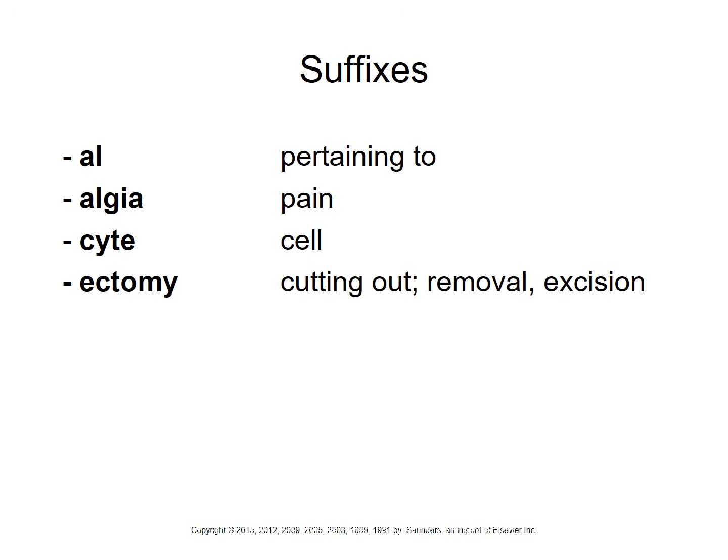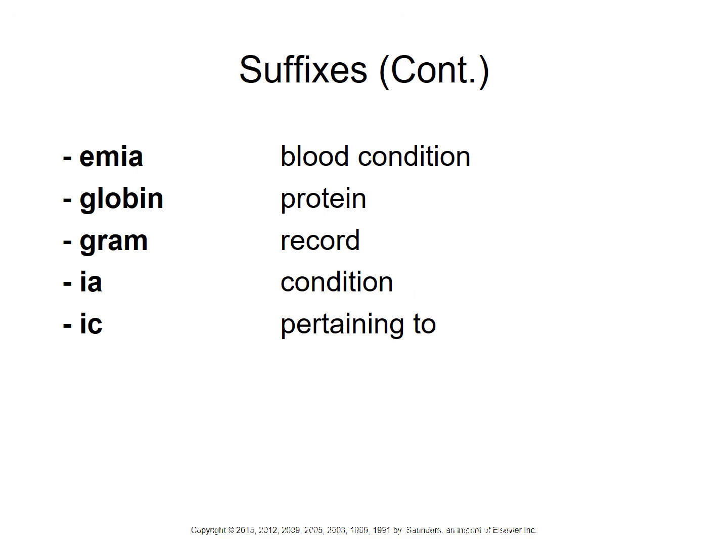Append means your appendix. So appendectomy means a removal of your appendix. Emia. Emia is a condition. Globin, protein. Gram, to record. Ia is a condition. And ic, pertaining to.